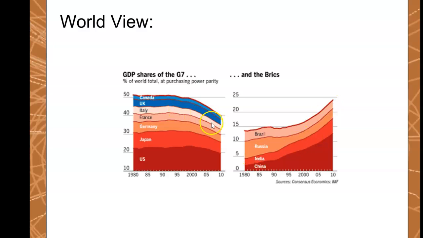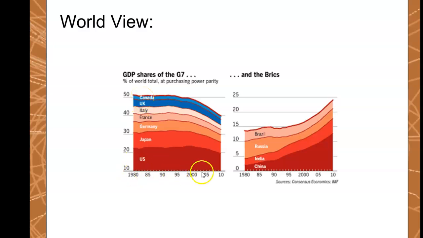This graph basically shows you how the activity in the world has changed over time. You could see in 1980, roughly 50% of world GDP was concentrated in only 7 countries: United States, Japan, Germany, France, Italy, United Kingdom, and Canada.